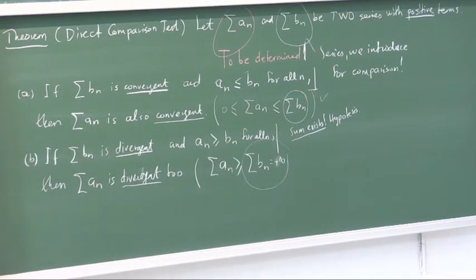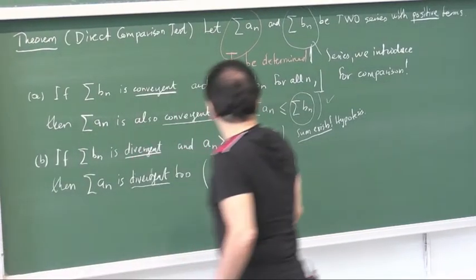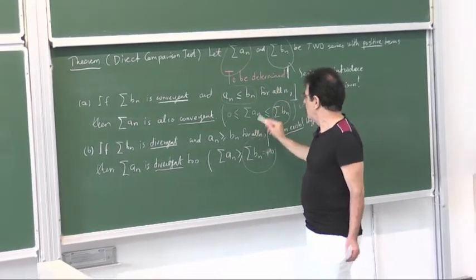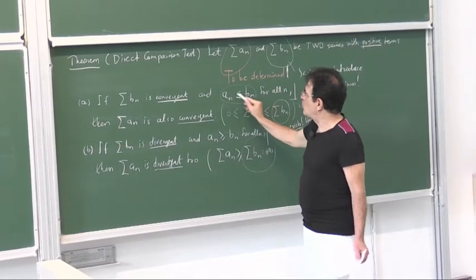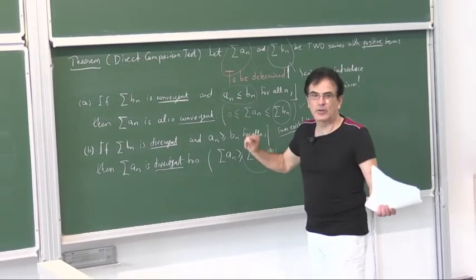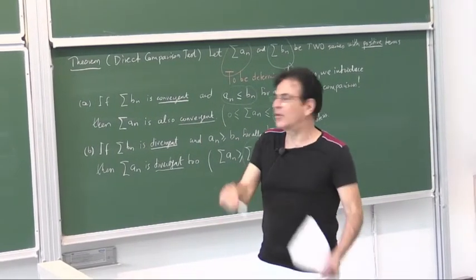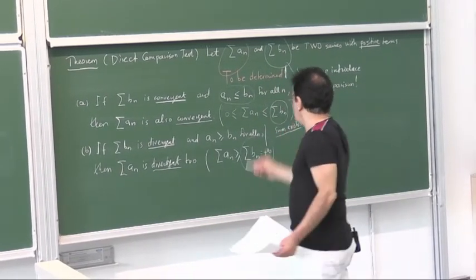For example, it is basic to find these relations, which is the relation between the terms of the series under consideration and the terms that we introduce for comparison. Okay?